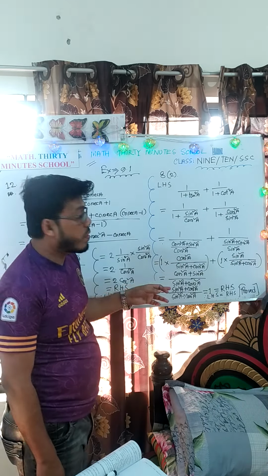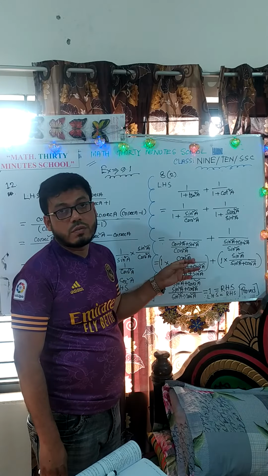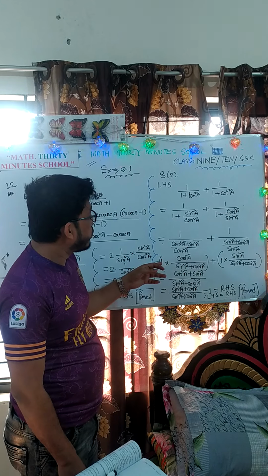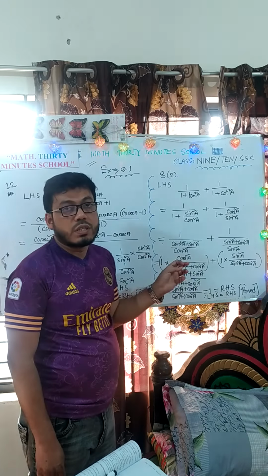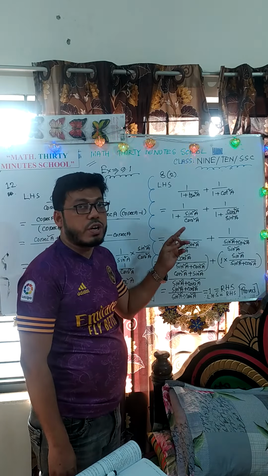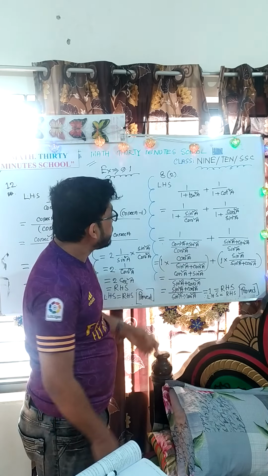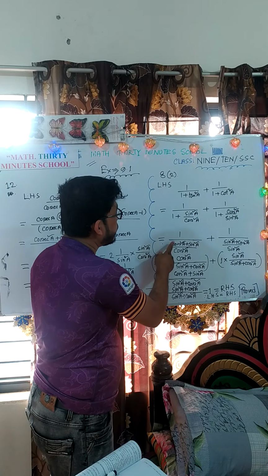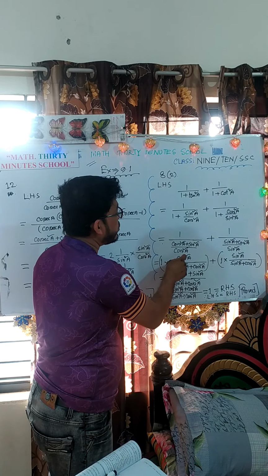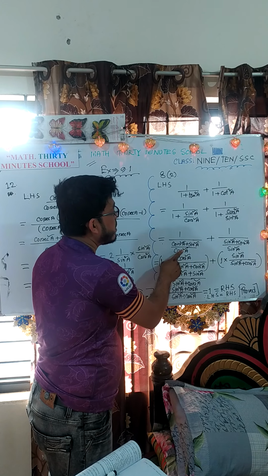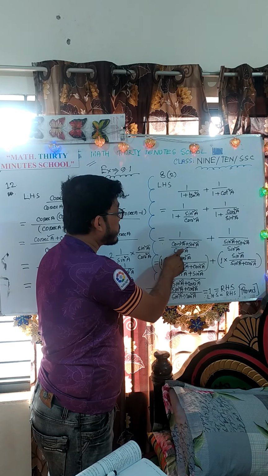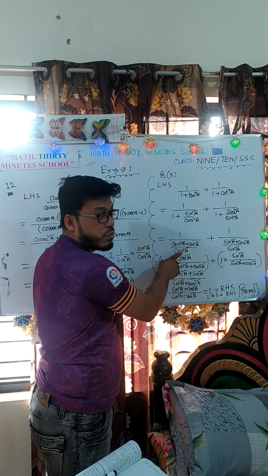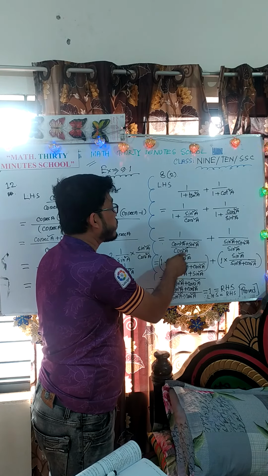And we know the rule to change the sign between fraction to fraction, or number to fraction: we have to shift the numerator to the denominator and the denominator to the numerator. So this time we have to change the position of cos square A plus sin square A, which is the numerator of the fraction, to the denominator, and cos square A, which is the denominator of the fraction, should be shifted to the numerator.